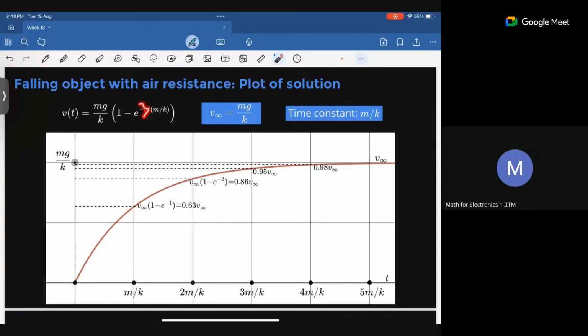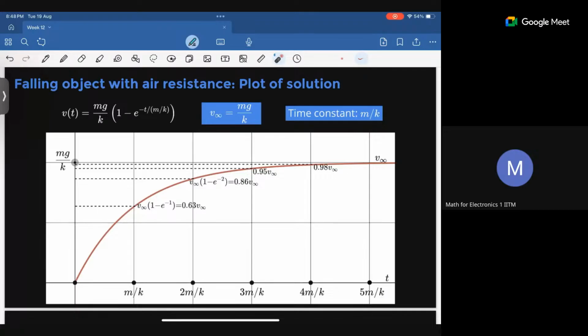At time 3, 4 and so on, we'll have these values. So at time t equals m by k, we'll have m by k divided by m by k, which will give us e power minus 1. At time 2m by k, m by k will get cancelled out, it will be e power minus 2. Like that, at time 3m by k, m by k will cancel out, and we'll have e power minus 3.